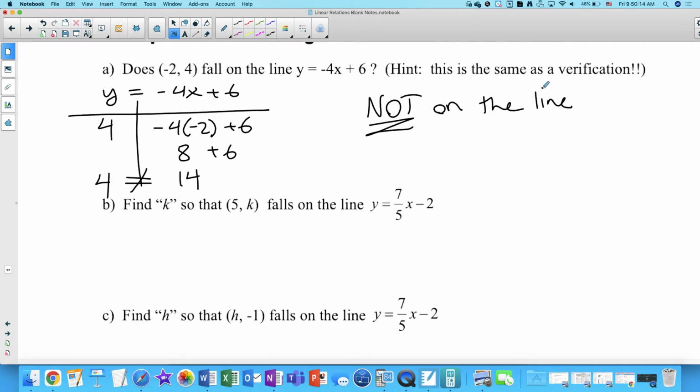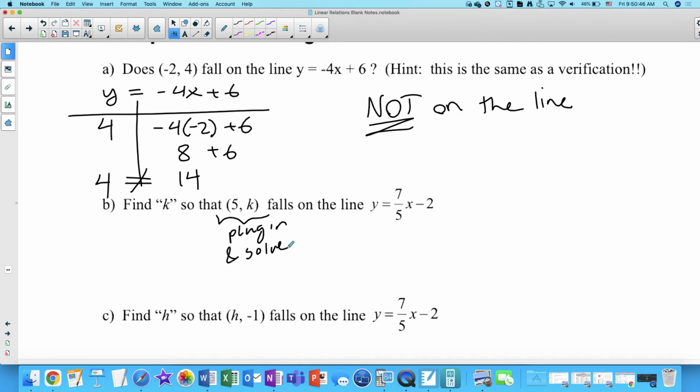Plug in the value 5 for x and the value k for y. You will only have one unknown there. If you have one unknown, you can solve that, okay? So we're just going to plug in and solve. And you can get all sorts of questions like this. You might get a point and a slope, and you want the b value. Or you might get a point and a b value, you want the slope, right? As long as you know sort of 3 out of 4, right?